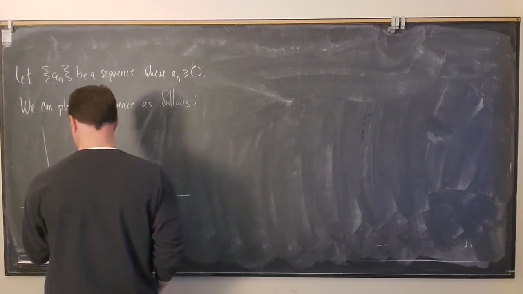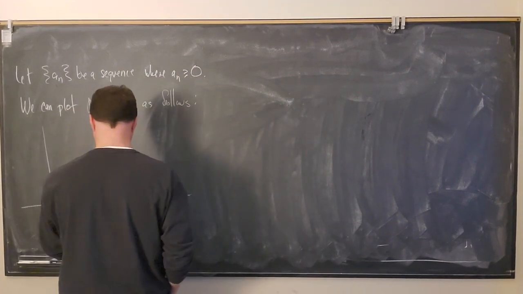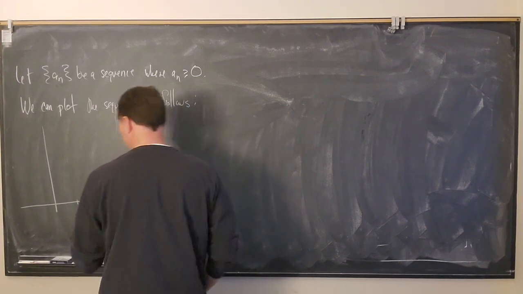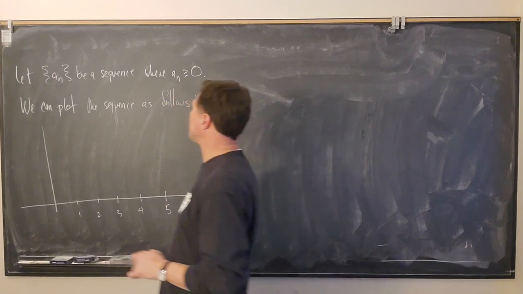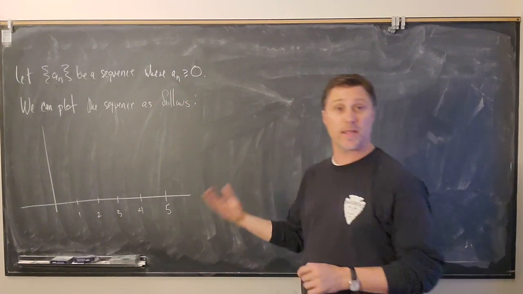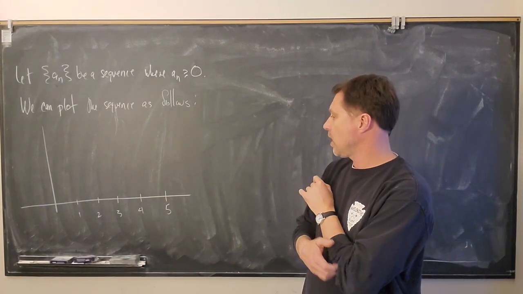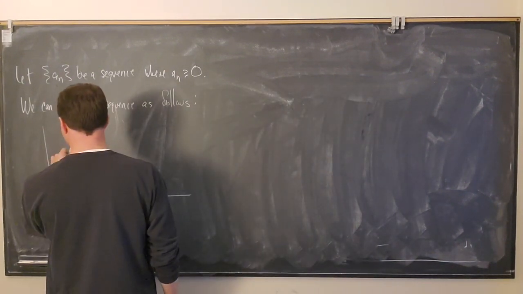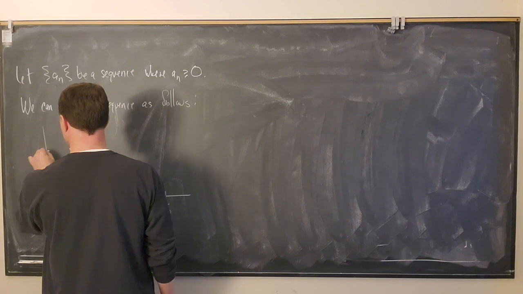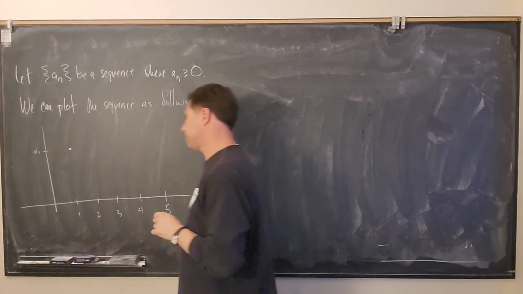So let me mark some integers here. 1, 2, 3, 4, 5. That should be enough. So I have my sequence a sub 1, a sub 2, a sub 3, a sub 4, and so on. For a sub 1, above 1, go up to height a1 and put a little dot.